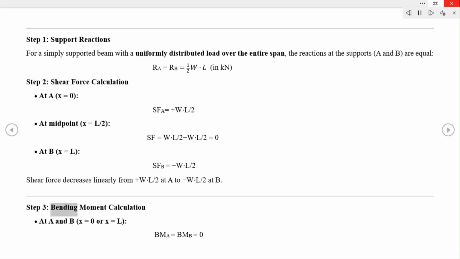Step 3, bending moment calculation. At A and B, x equals 0 or x equals L: BMA equals BMB equals 0.